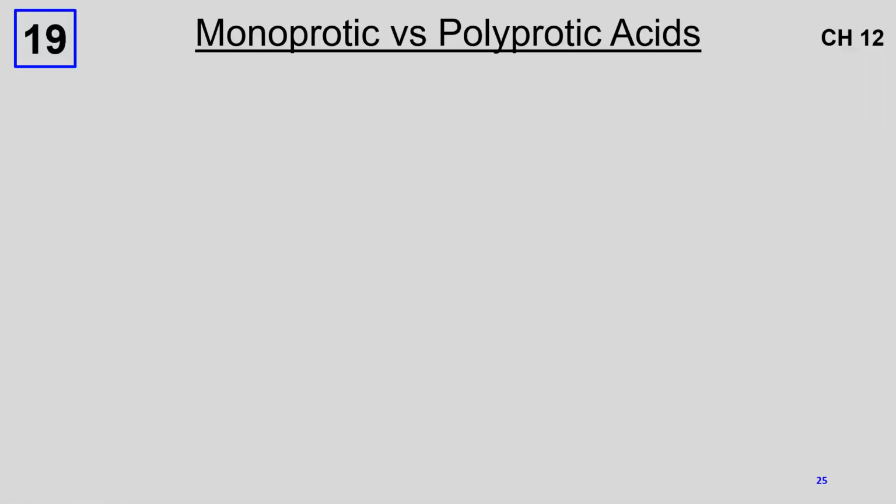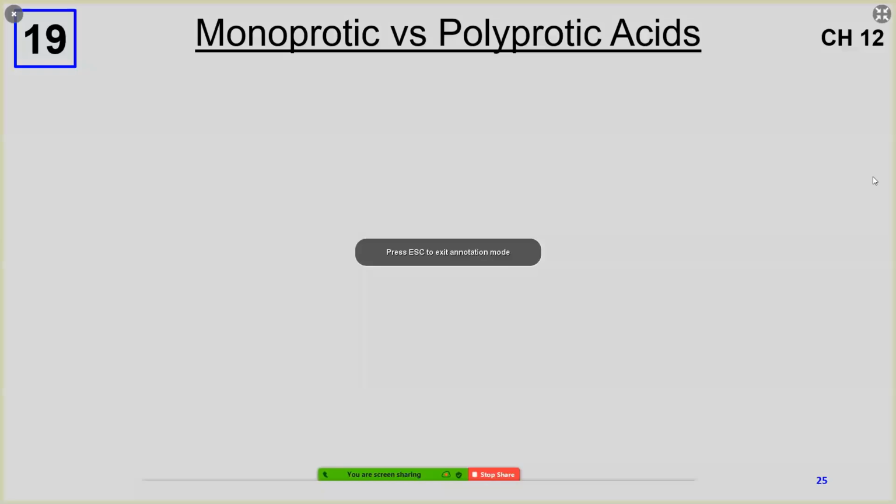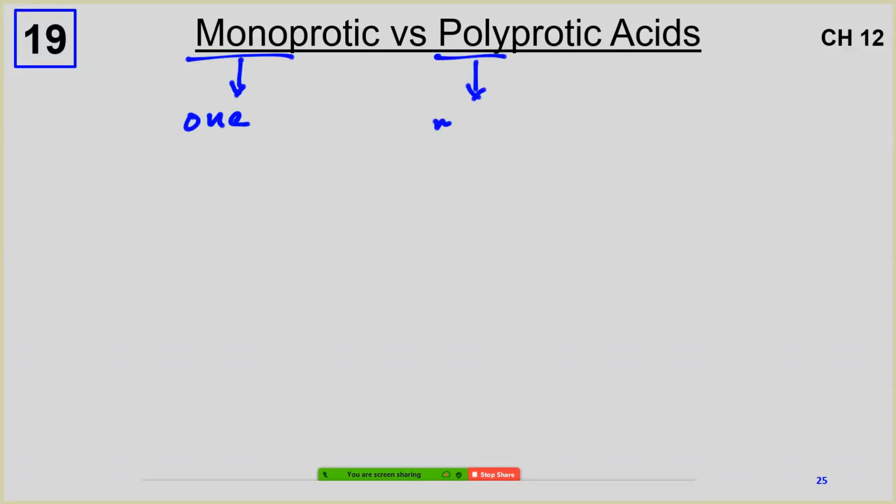Another concept that you need to know for the test from chapter 12 is the difference between monoprotic and polyprotic acids. So let's take a look at a few examples here. Mono means 1, and poly means many, more than 1, right?